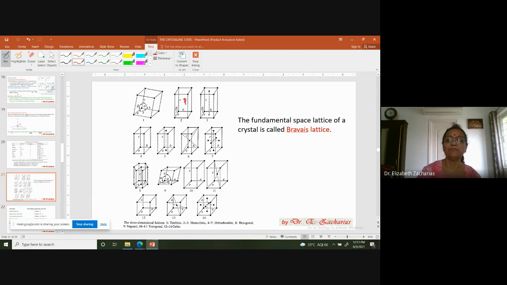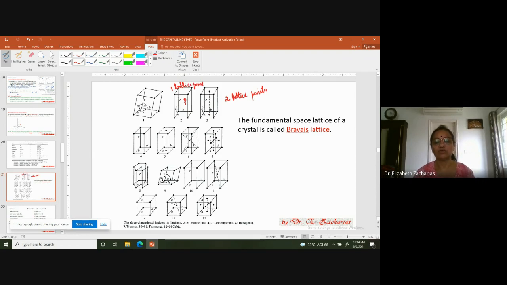If it is base-centered, this is certainly not primitive. And the number of atoms associated, you can check by yourself and see. Half plus half is 1 plus 1, therefore 2 lattice points. But this is primitive, 1 lattice point.